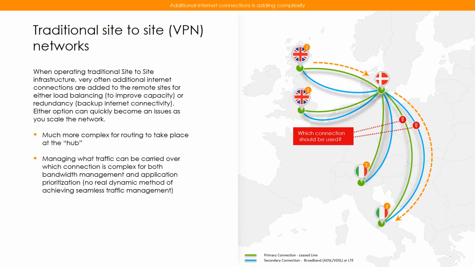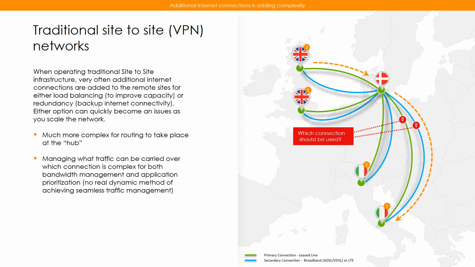But how about the load balancing? Because maybe you don't want to rely on just one connection. Nowadays, people take a fast connection and take a secondary connection, maybe with some slower speed.